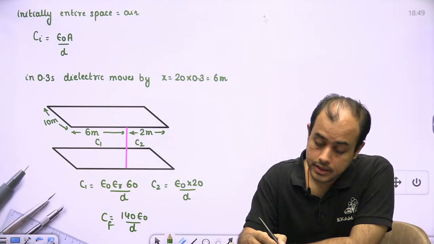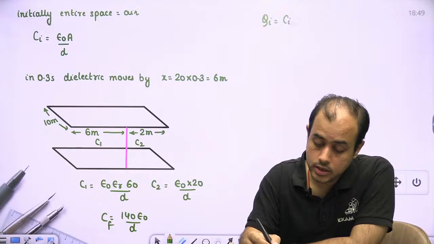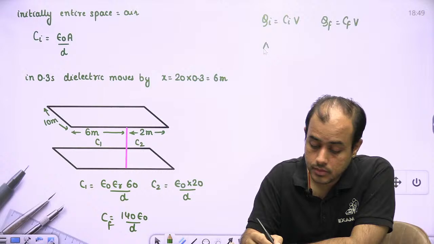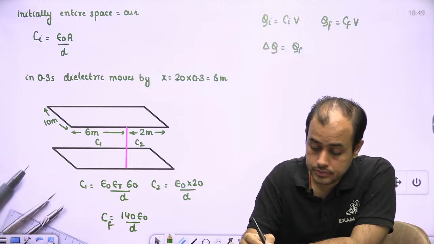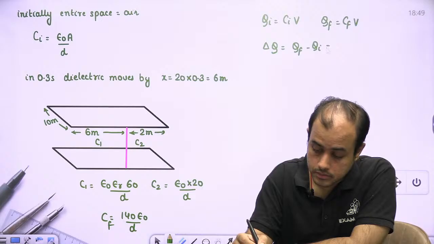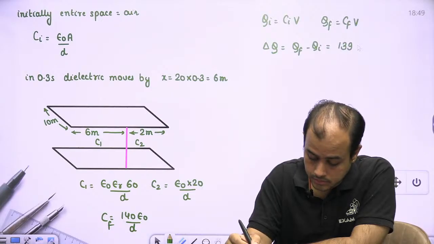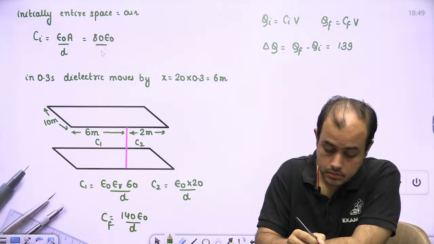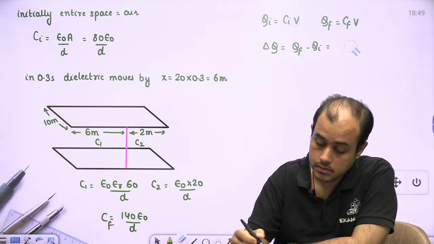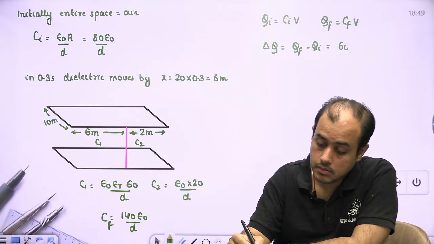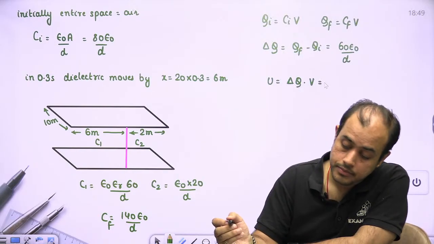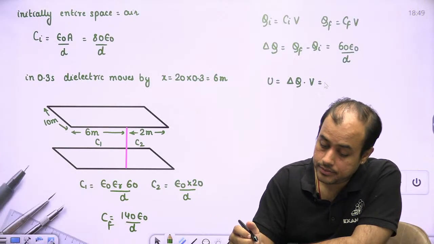Now beta, initial charge is Ci into V, final charge is Cf into V. Now battery is 20.